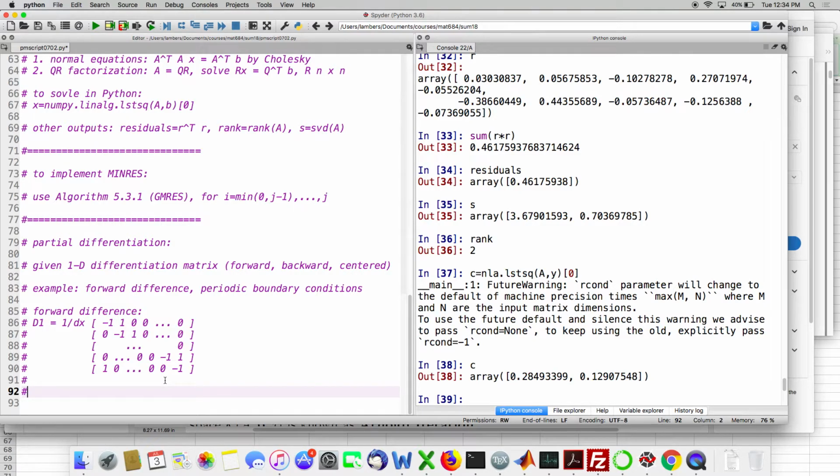Now, suppose we're given a function defined on an m by n grid. And I want to make sure I have this right for my notes.